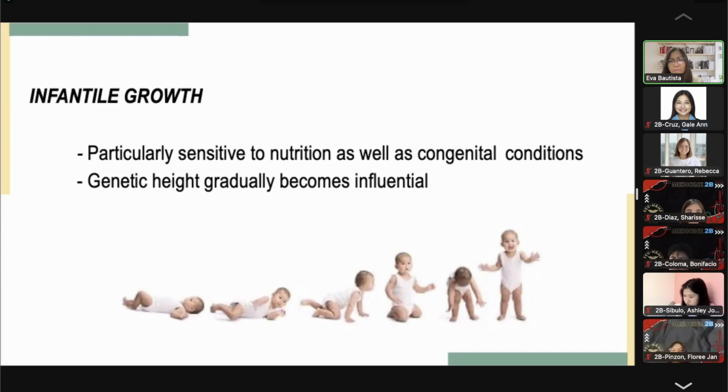It's hard to correct stunting beyond the age of 2, okay? Aside from nutrition, there are, of course, congenital conditions affecting their growth as well as genetic factors, as I will be discussing later, okay? The genetic height becomes influential also later on, okay? Some grow bigger, taller early on, and then they later on approach their genetic potential.